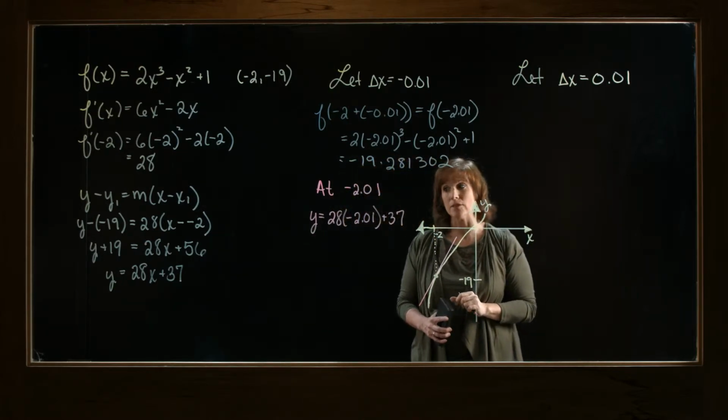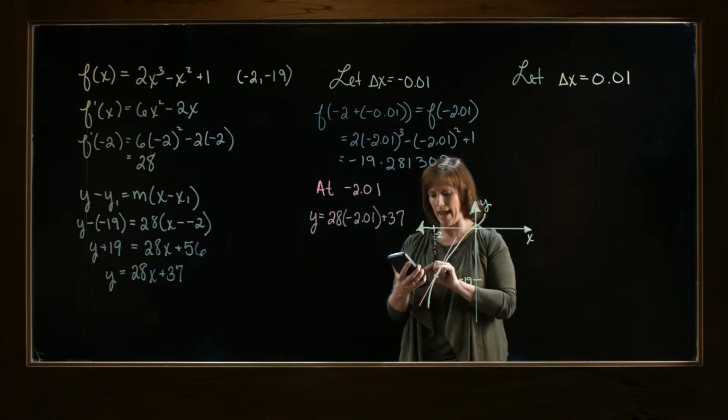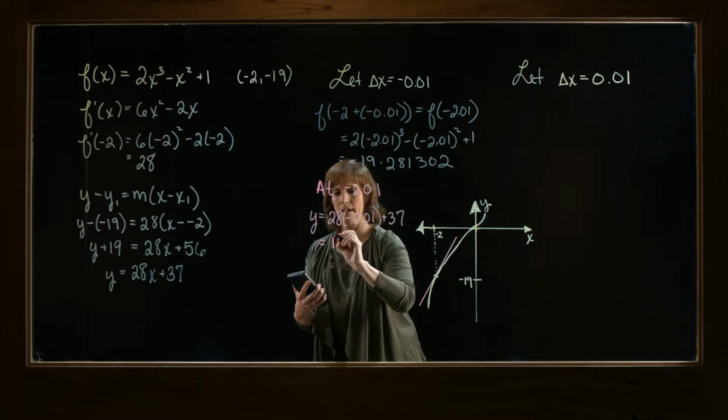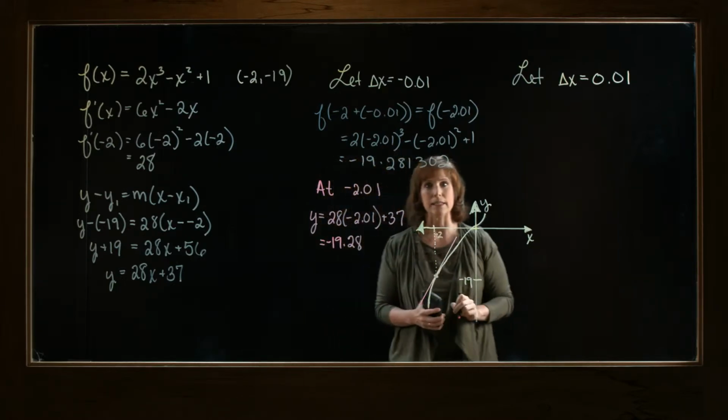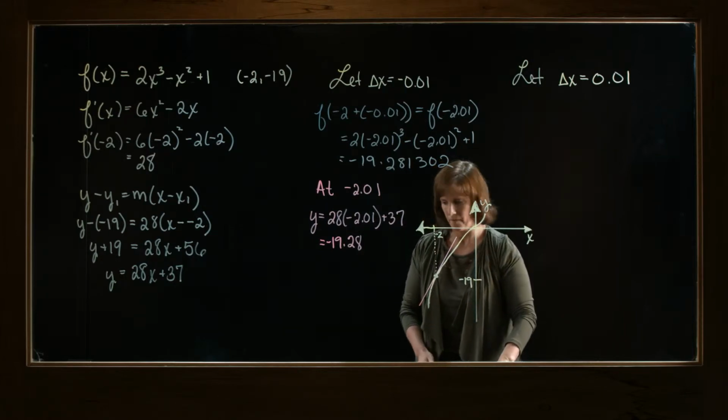Again, I'm going to need to do a little number crunching. So when I plug that into my calculator, 28 times -2.01 plus 37, I get -19.28.